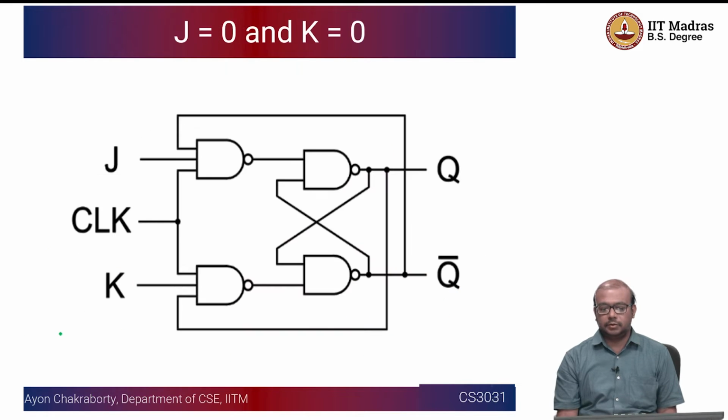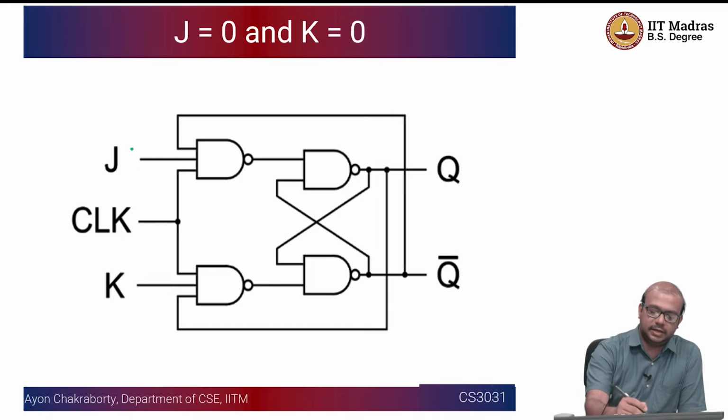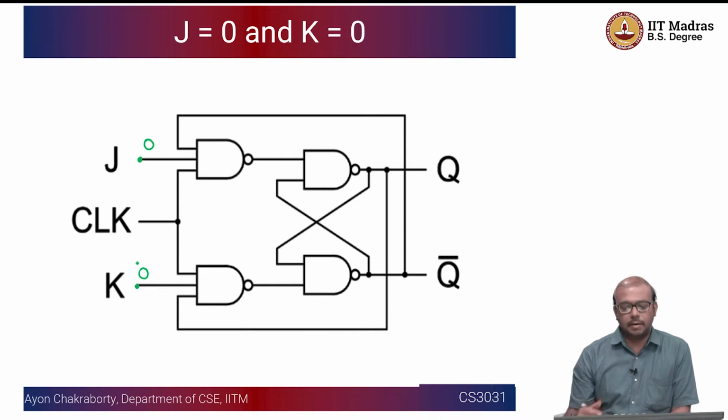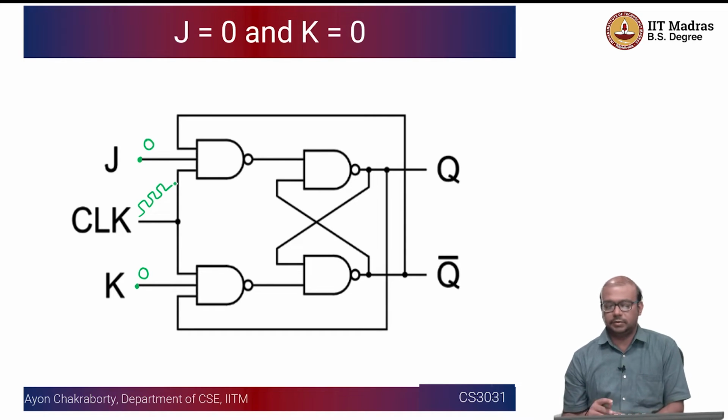Okay, so one of the things is, if J is equal to 0 and K is equal to 0, what will happen? This is your entire JK flip-flop, and let us say J is set to 0, K is set to 0, and you have a pulsing clock. So the clock pulses, it is 0, 1, 0, 1 and so on.